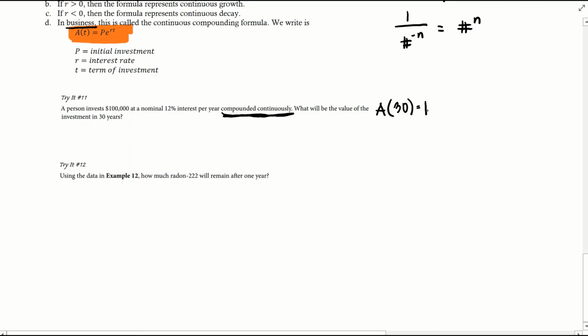We know our initial investment P is $100,000. Our interest rate is 12%, compounded continuously, so that's 0.12, and 30, because our t is 30. We want it after 30 years.